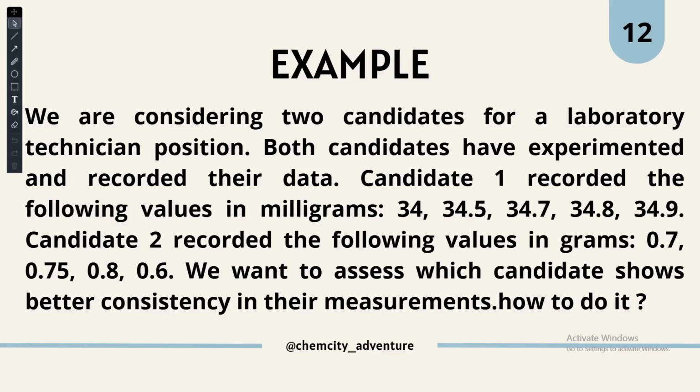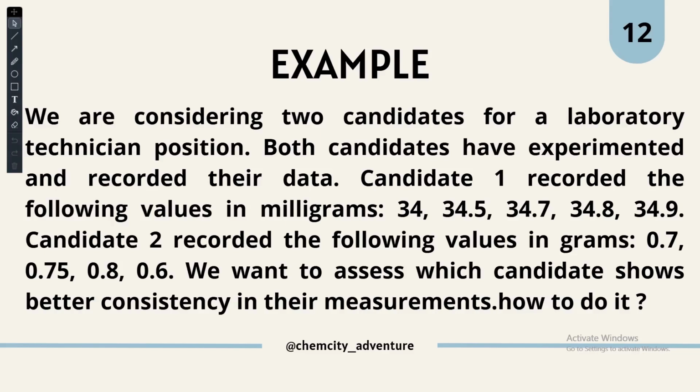Candidate 2 recorded the following values in grams: 0.7, 0.75, 0.8, and 0.6. 4 values. So we want to assess which candidate shows better consistency in their measurements.